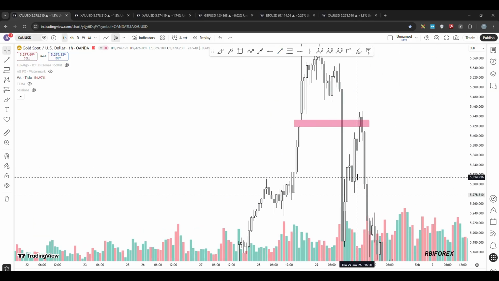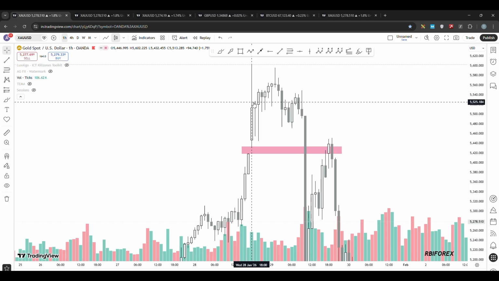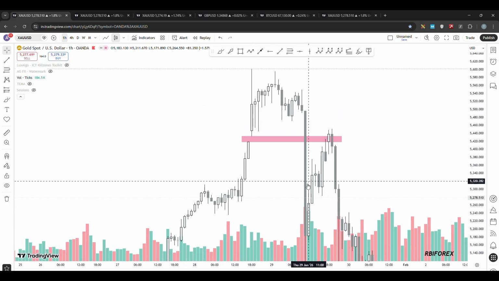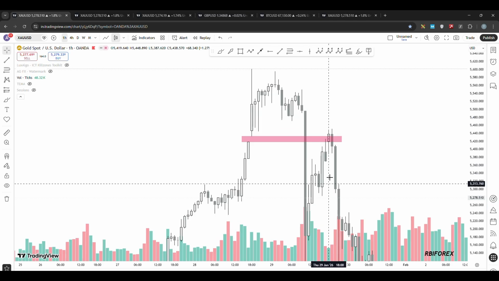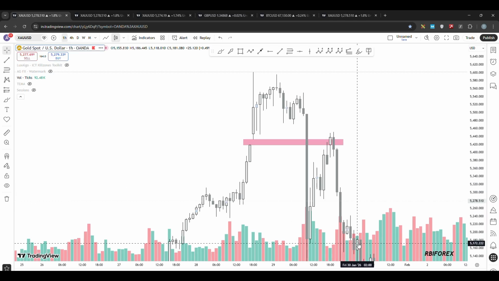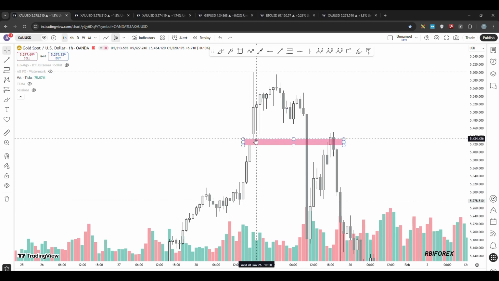Let's see some more examples. So once again, this is a case of a gap imbalance. Market creates this massive gap up opening, and then market breaks this zone to the downside. But when market breaks this zone to the downside, market comes up, taps into this exact zone, and market starts to drop from here. Now in this case, this gap imbalance becomes much more powerful.